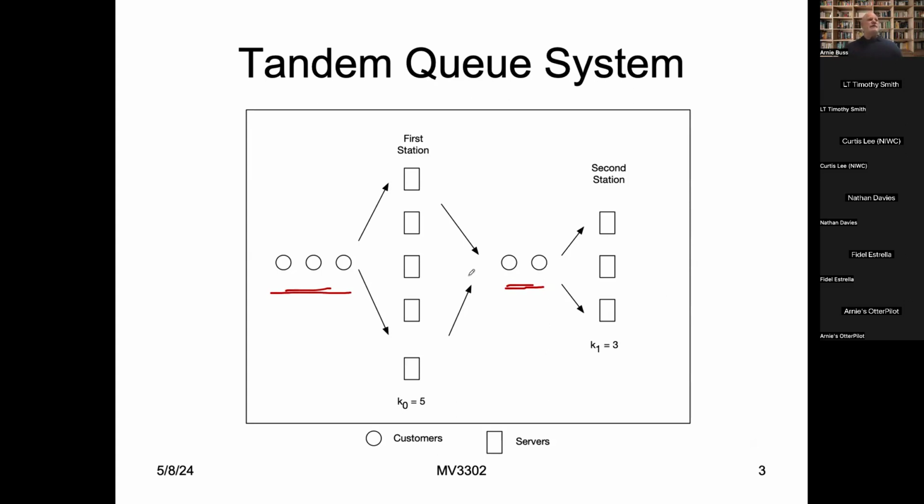We need at least 2 numbers. And furthermore, given that there's a queue, that means that all servers are busy, period. But let's say there wasn't anybody waiting here, maybe only 2 waiting here. So at the second station, there would be 1 available server here and none at the first.